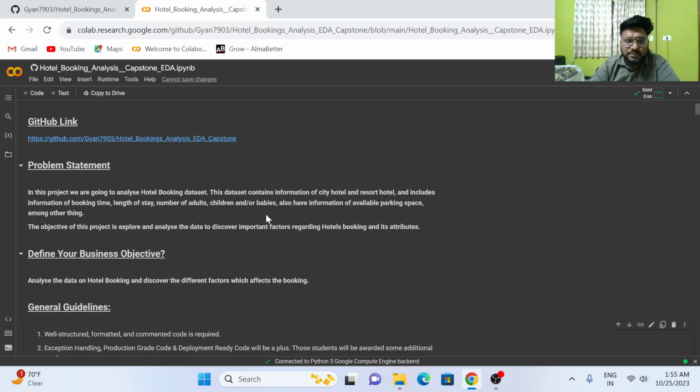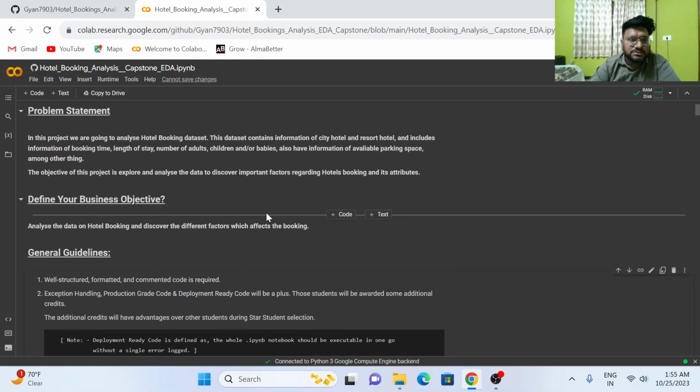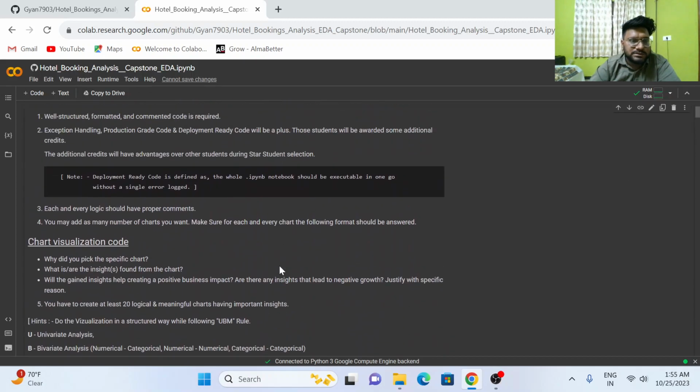The objective of this project is to explore and analyze the data, and to discover important and major factors regarding hotel bookings and its attributes. So our business objective is to analyze the data on the hotel bookings, and to discover the different factors which affect the booking. These are the general guidelines.